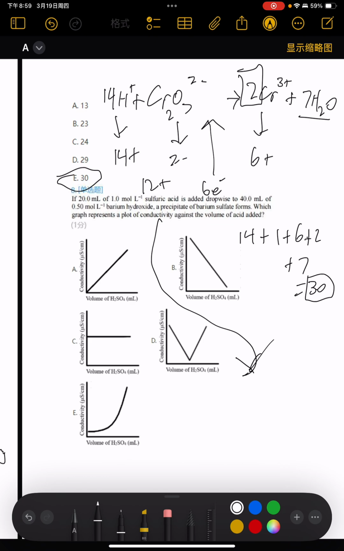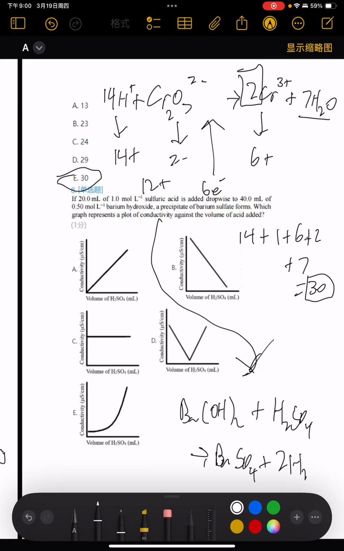And we see that before, there's definitely going to be a lot, because the original equation, barium hydroxide plus this equals BaSO4 plus 2H2O.